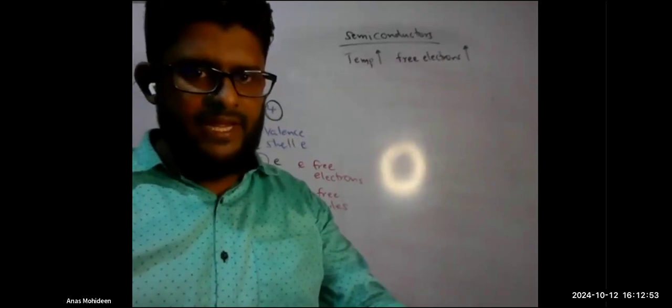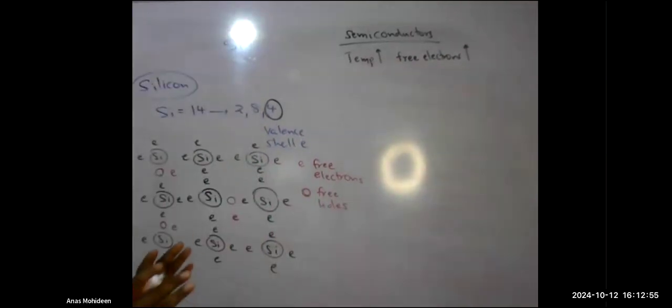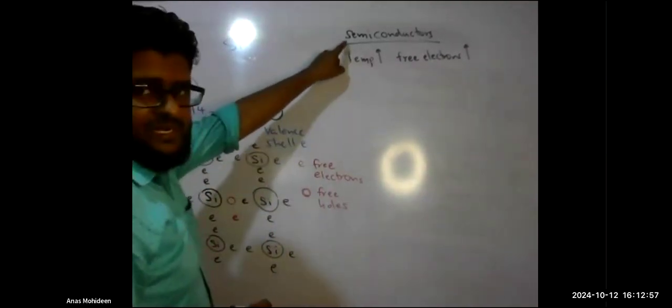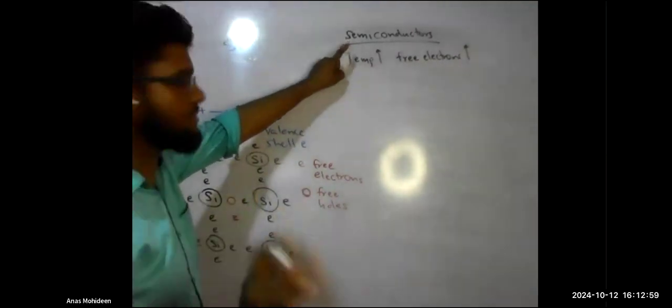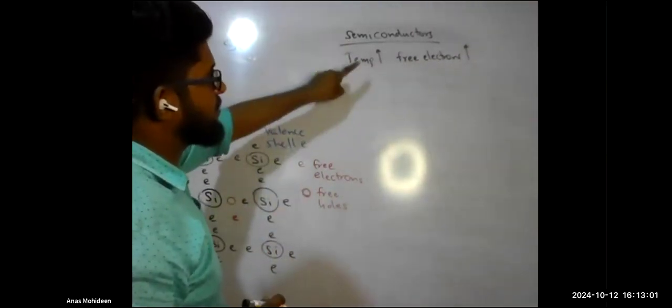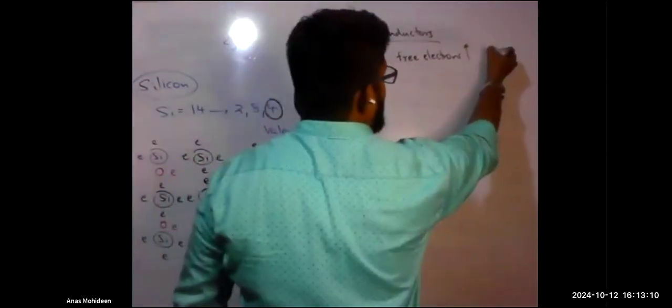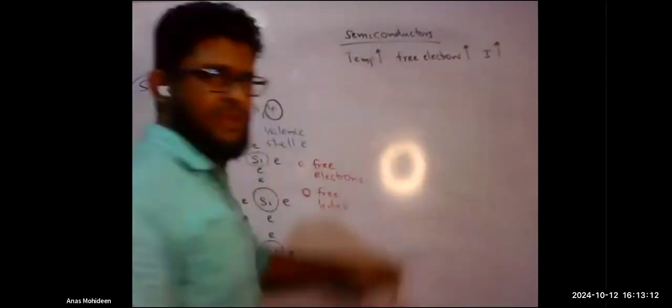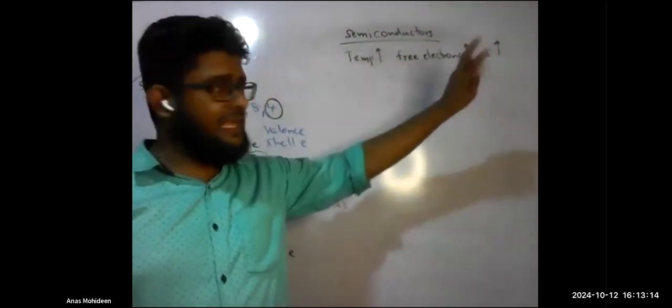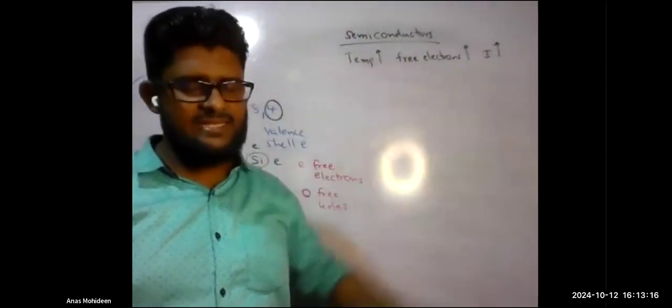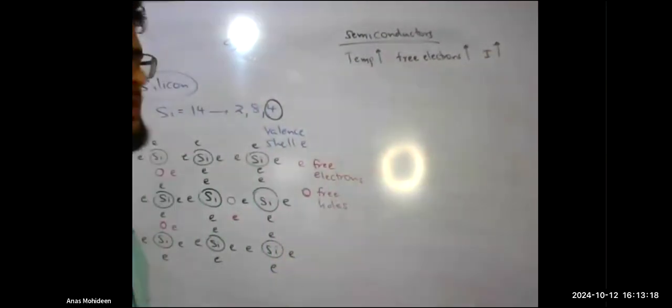You got the point? I'll come back to the other questions also. In semiconductors, when you increase the temperature, free electrons increase. When the free electrons are increasing, then what happens? Current conductivity increases. That means I is current. Electricity conducting ability increases. That means current will be passing.